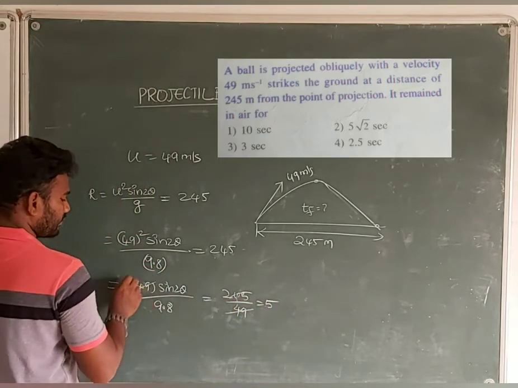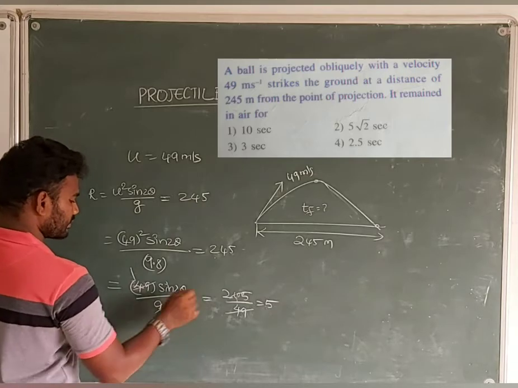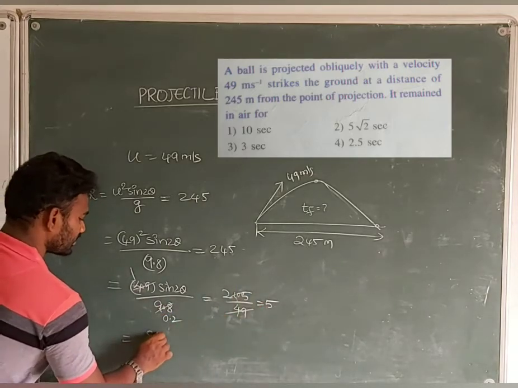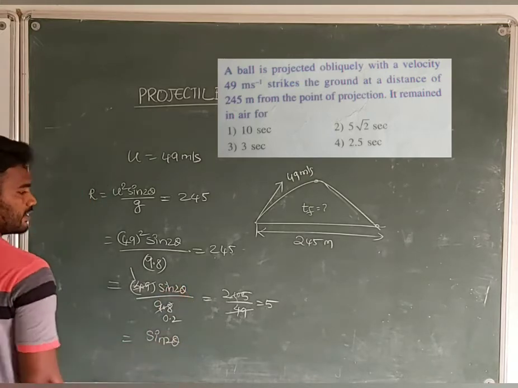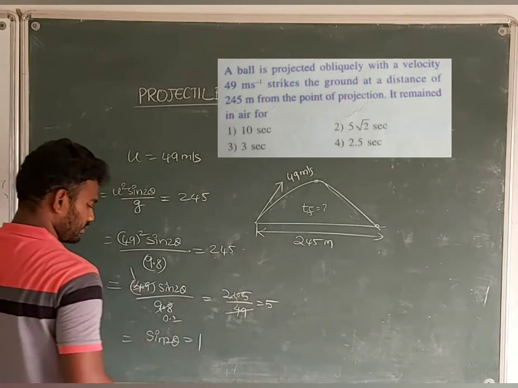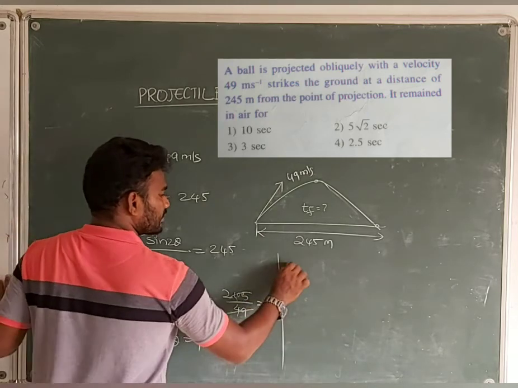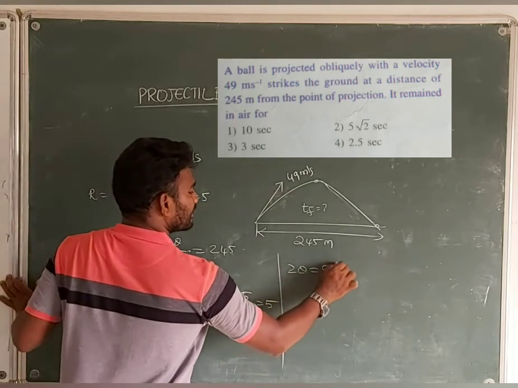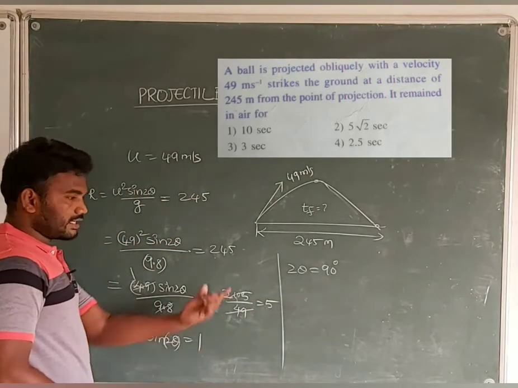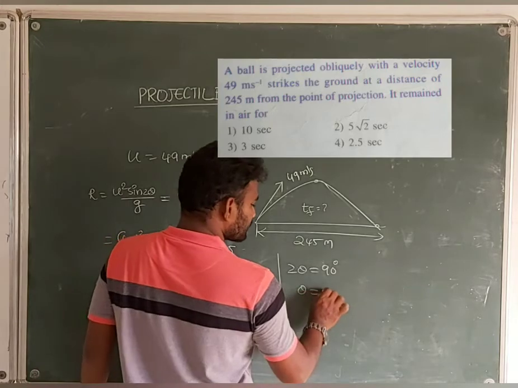Now 49 1s are 49, 0.2s are. So send this 0.2 to that side. Then sine 2 theta is equal to 5 into 0.2, that is 1. Therefore 2 theta is equal to 90 degrees. Sine 2 theta is equal to 1 means 2 theta is 90 degrees. Then theta is equal to 45 degrees.